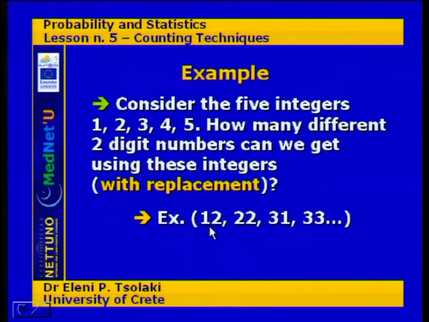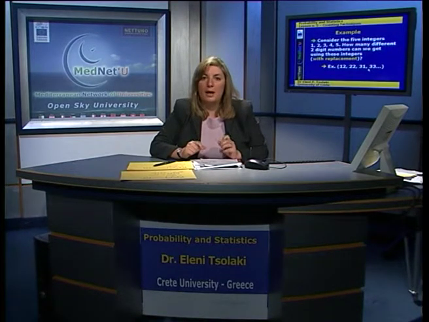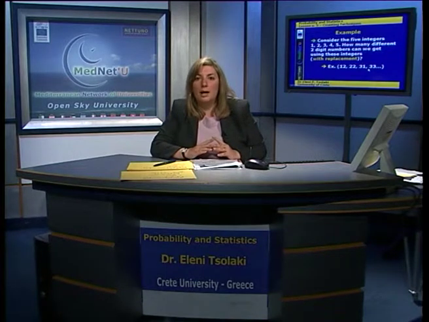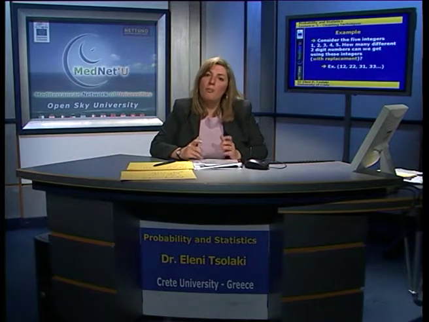So in this case, we are allowed to have number 22, number 33, and of course all others that we had before. We understand that when we are allowed to replace our items, our elements, we are going to have more possible combinations.